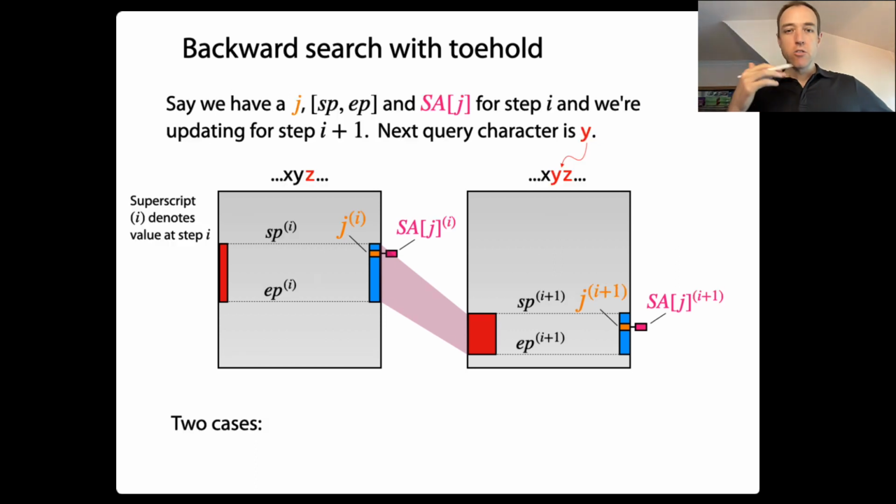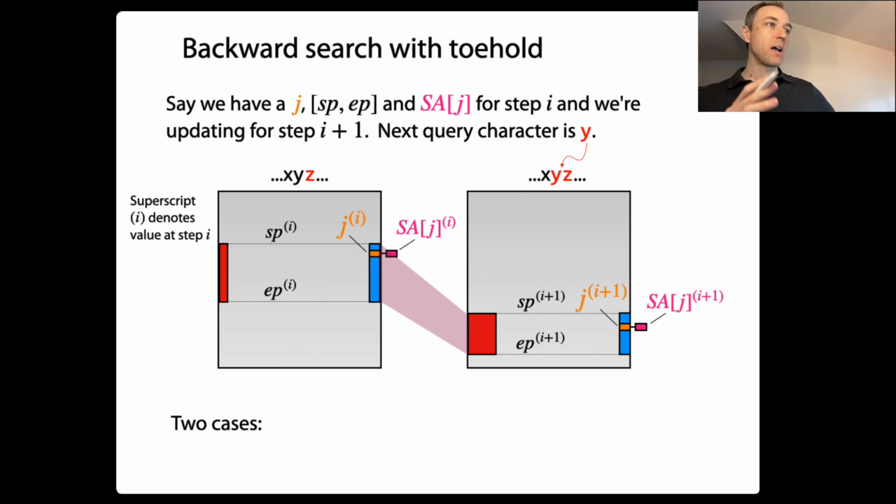Okay, so shown here is one transition, a transition from step i to step i plus 1. If we assume that we had everything we needed in step i, in other words, in step i we knew some j, some offset inside our range of BWT characters for which we know the corresponding suffix array entry, SA of j, superscript i.